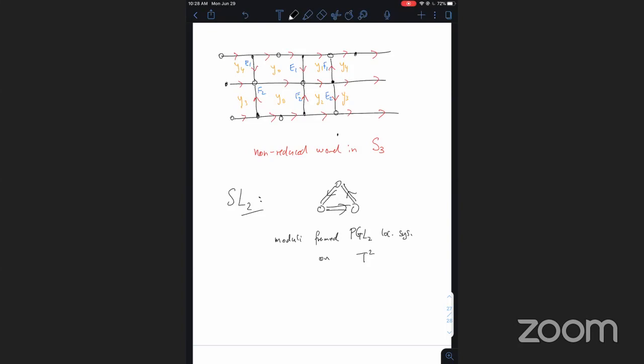And so the natural thing one might ask is, well, why didn't you just increase the rank of the group? Look at PGL-N local systems on the torus. And the problem is that the dimension of that variety is much too large, roughly 2n squared, right? Because you have two commuting matrices.